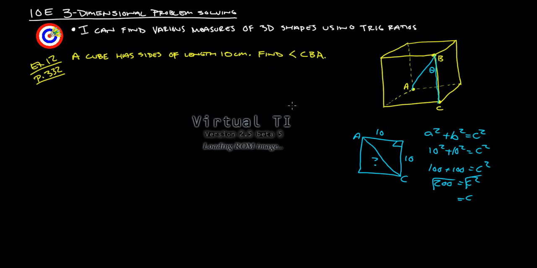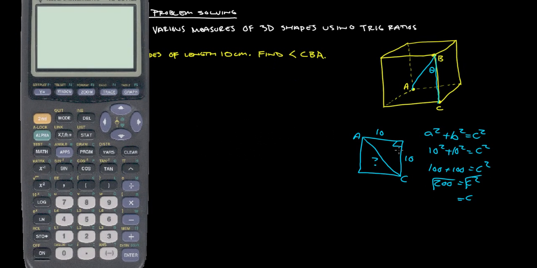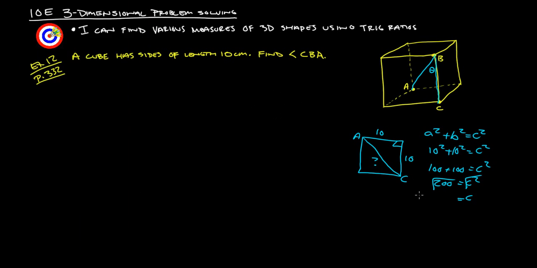Now it's going to be handy to have an actual decimal answer here so that we can plug it in and figure out this other stuff. So let's figure out what that is. We've got the square root of 200, 14.1421, and so on. So let's do 14.14, and this is in centimeters.